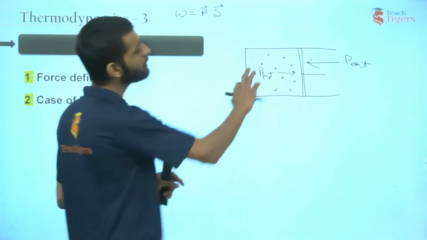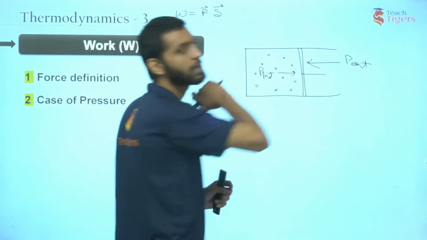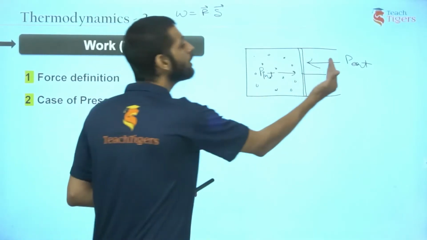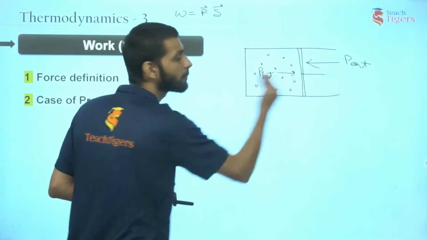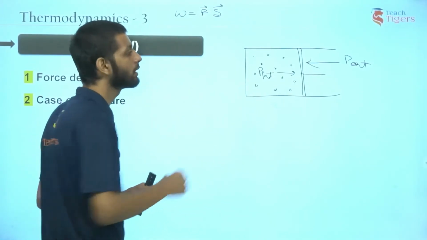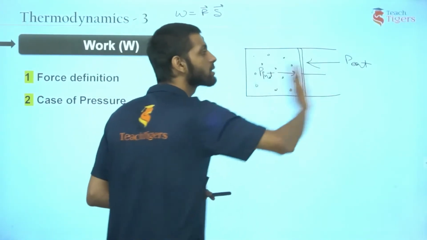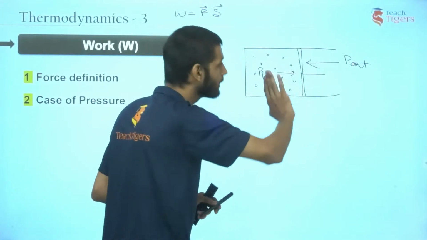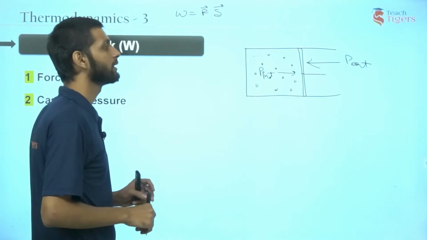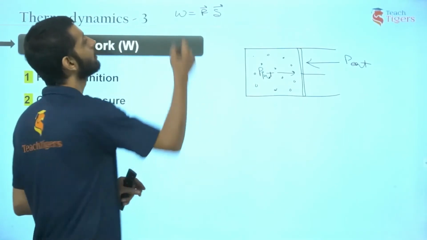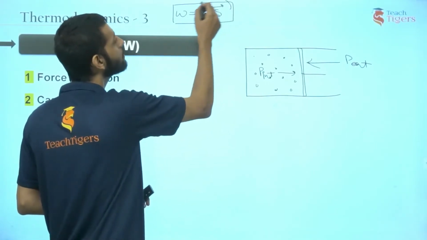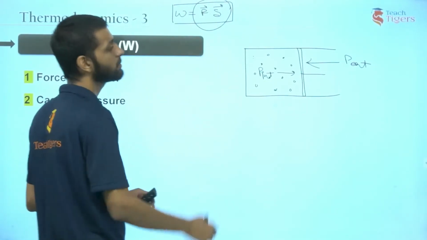But then suppose P internal is not the same as P external. If P internal is less than P external, then P external starts pushing. If P internal is more than P external, then the internal side starts pushing. The way we define work in thermodynamics is we're going to write similarly force times displacement.